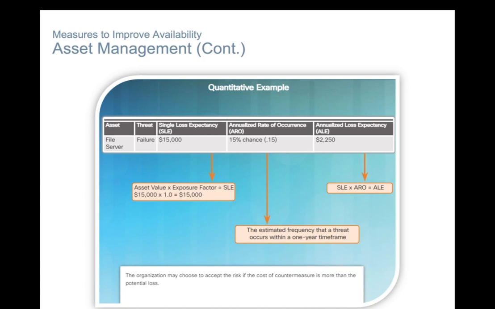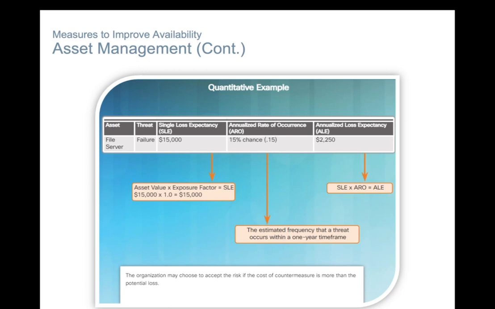If a total loss occurs, the exposure factor equals 1, that is 100%. In the quantitative example, the server has an asset value of $15,000. When the server fails, a total loss occurs, so the exposure factor equals 1.